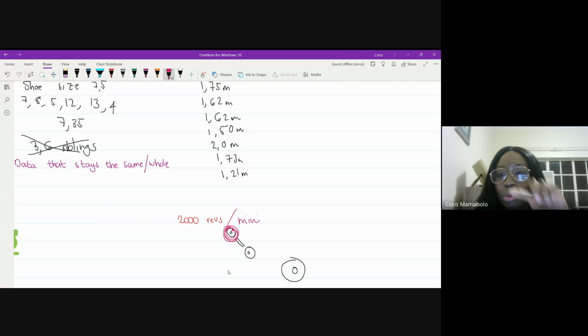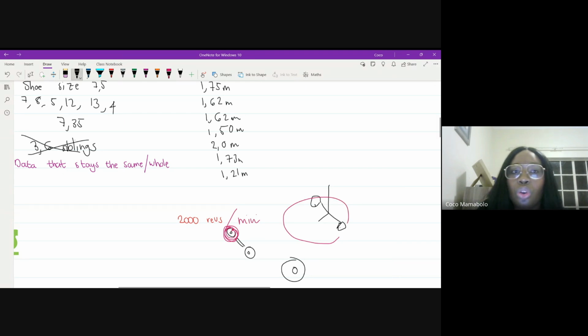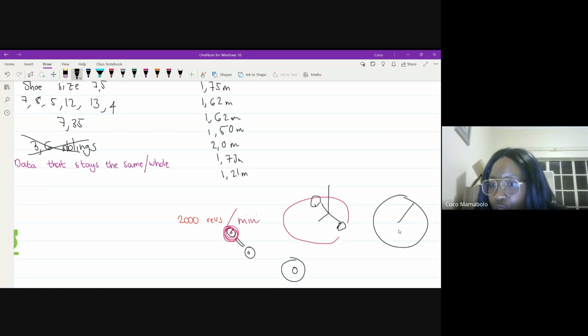Okay. And it moves really, really fast because the small thing is connected to something bigger, and then the small ones help the big thing move. You understanding what ma'am is saying? Just kind of like on a bike. Have you guys seen how a bike works? So if you're sitting on a bike, these are your pedals. There's the other pedal on the other side. When you do a full revolution, your tires also do a revolution.